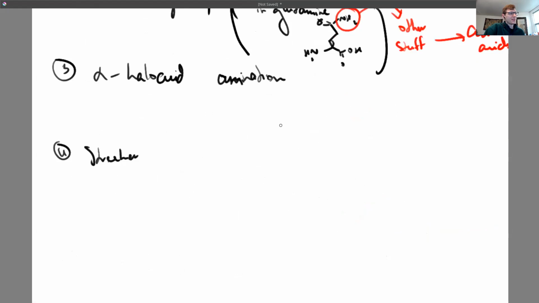Okay, so then we could do alpha halo acid amination. This is another way to do it, right? Here in this case, we could even start out with just an acid, right? And then get a halo acid by what reaction?